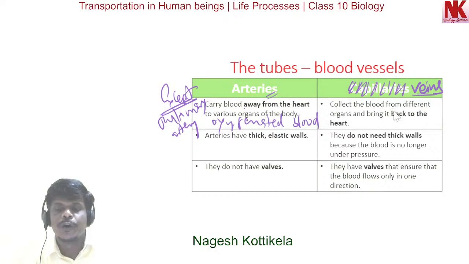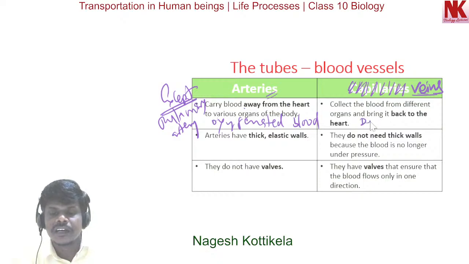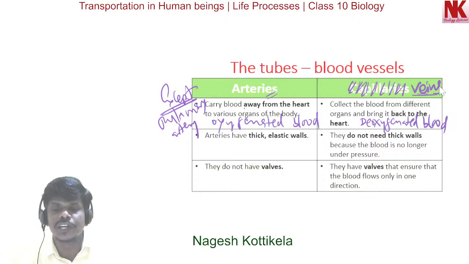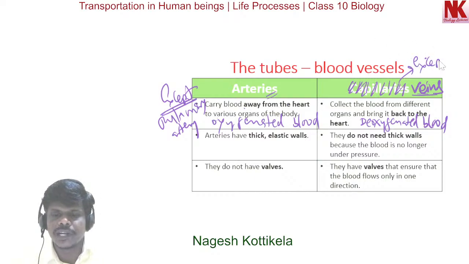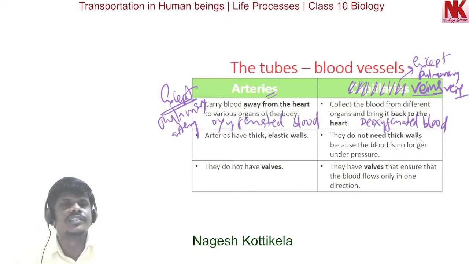Generally veins bring deoxygenated blood, but again there is an exception, the pulmonary vein. Pulmonary veins carry oxygenated blood.